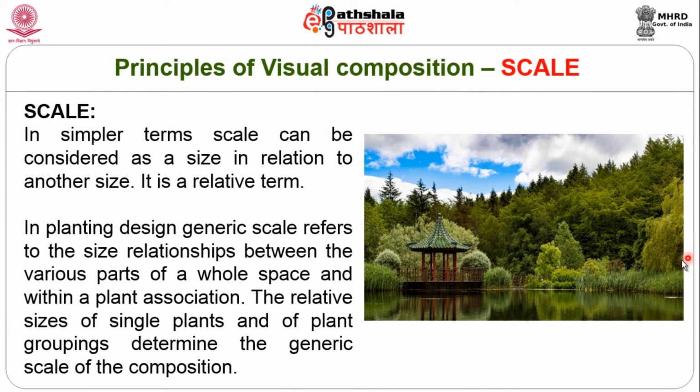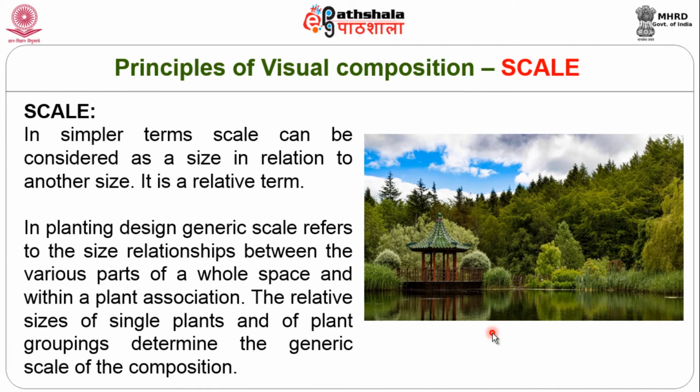As you can see, there is a grouping which is very close to the water, more like the grass variety, and suddenly the scale starts to increase with the larger plants, the larger shrubs, the taller shrubs, and also the smaller trees, medium height trees, and as the landscape progresses, it also goes to the higher level of trees as such.